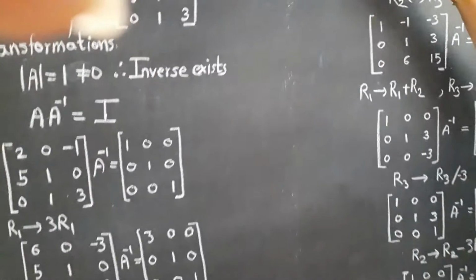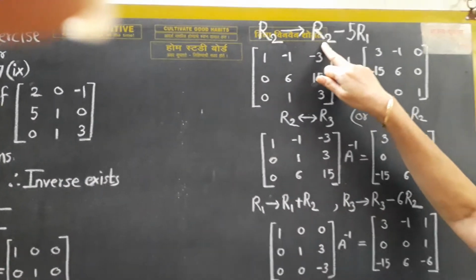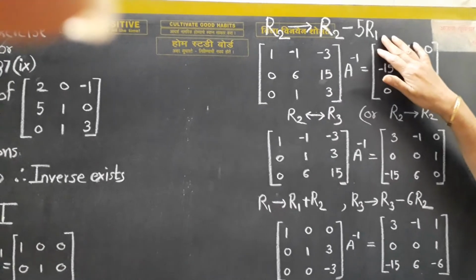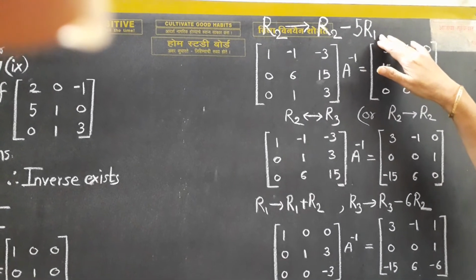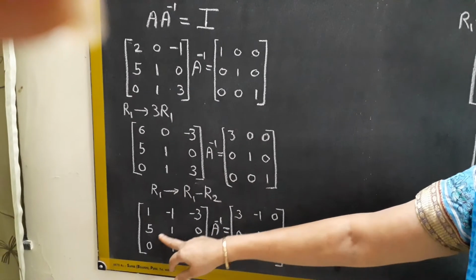So the transformation becomes R2 changes to R2 minus 5 times R1.